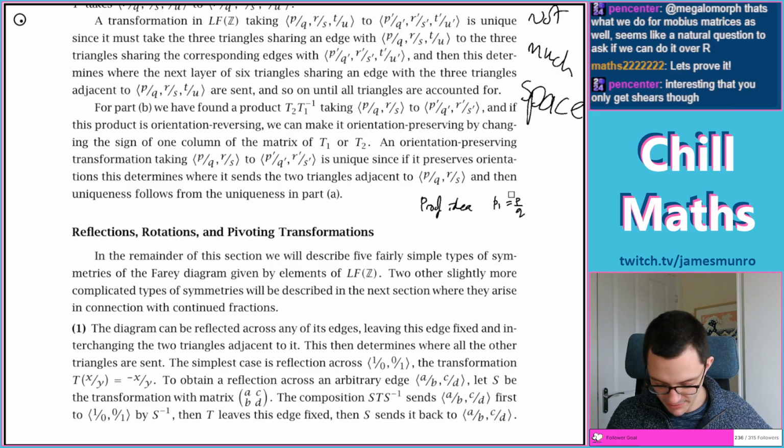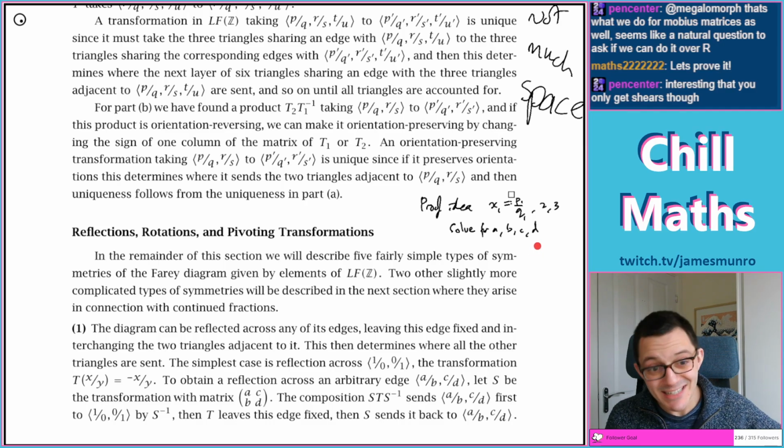I regret calling them p, by the way. I'm going to change them to x1 for inputs. Same thing for x2 and x3. Write them like this for your inputs. Solve for a, b, c, and d, because I think Mobius maps are sharply triply transitive, because that's a fact that was drilled into me in first year of university, which was a very long time ago. Solve for this, and then we're good.